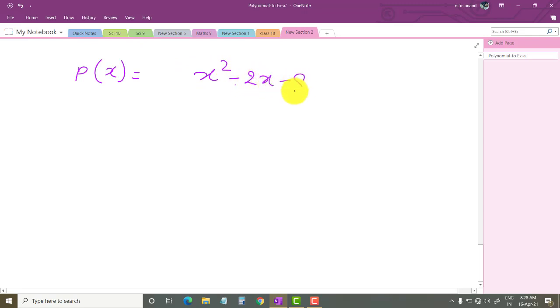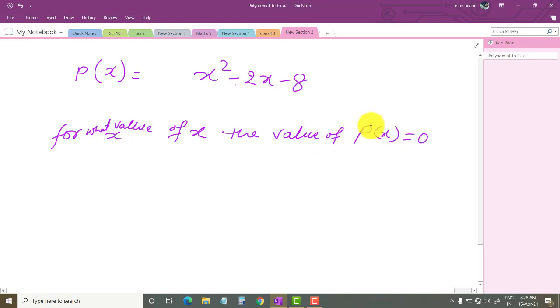Now see, firstly we should know about zeros of this polynomial. Zeros means for what value of x the value of p(x) is 0.